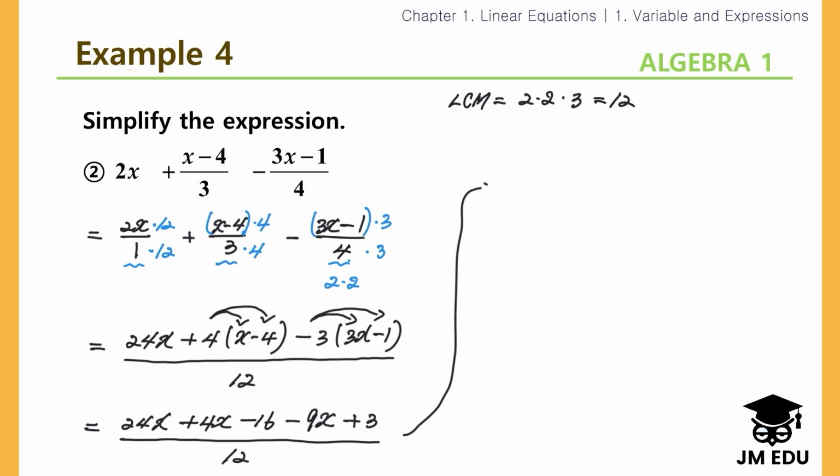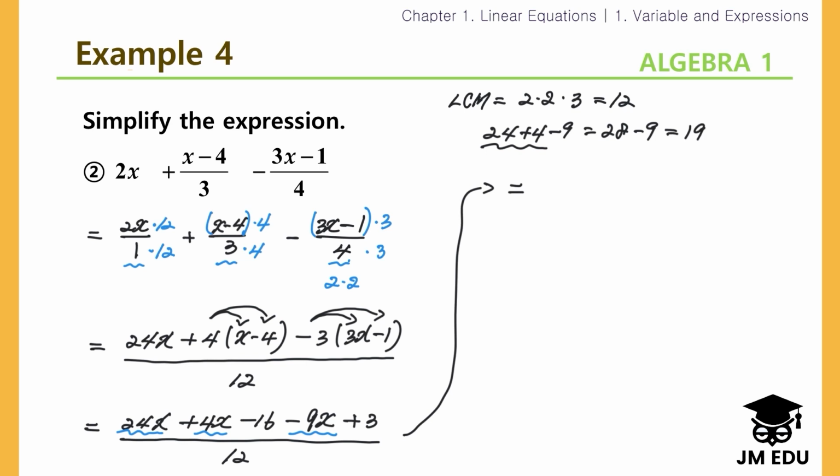right? So that is equal to, we have like terms, x terms: 24x, 4x, minus 9x, right? So we have 24 plus 4 minus 9. That's going to be 28 minus 9, so 28 minus 9 is 19, right?